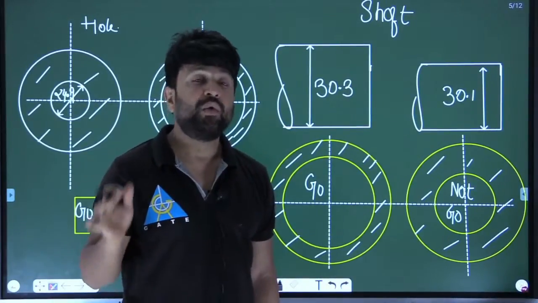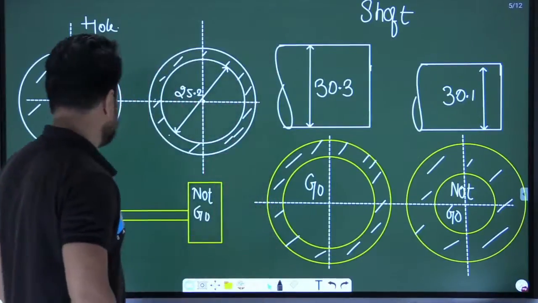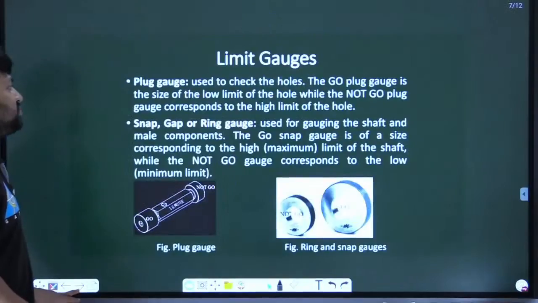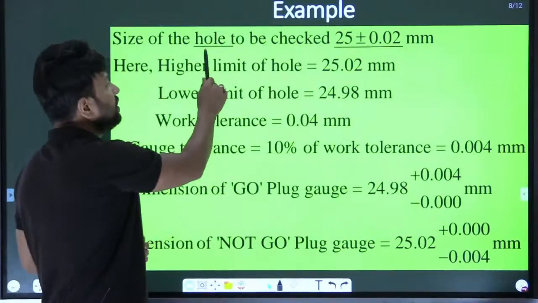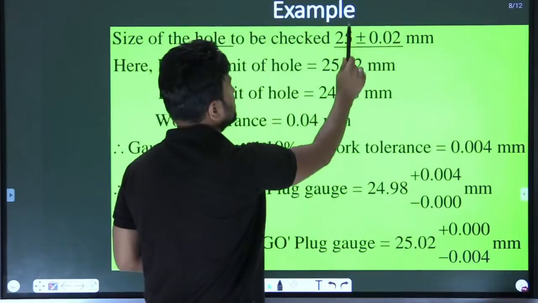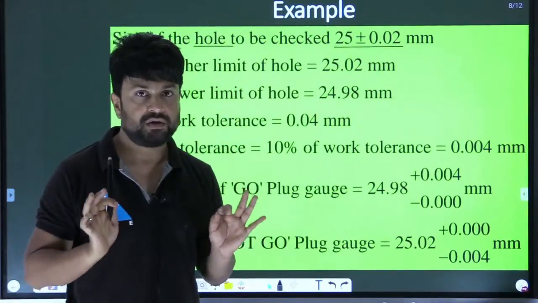Now your product is a hole, and the dimension is 25 plus minus 0.02 mm, right? No problem.